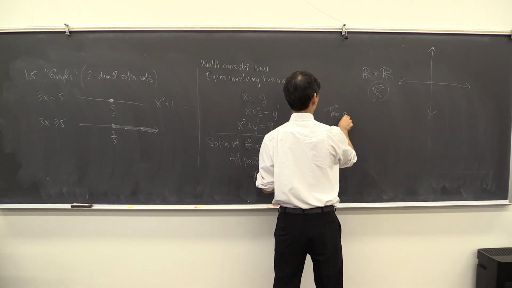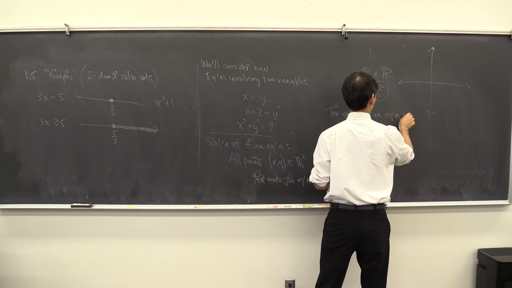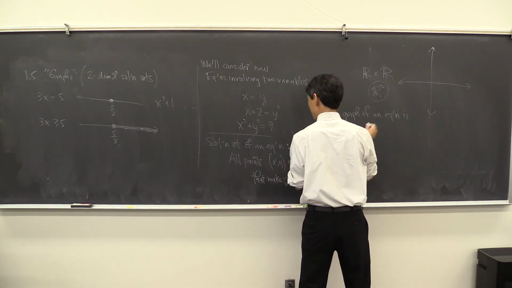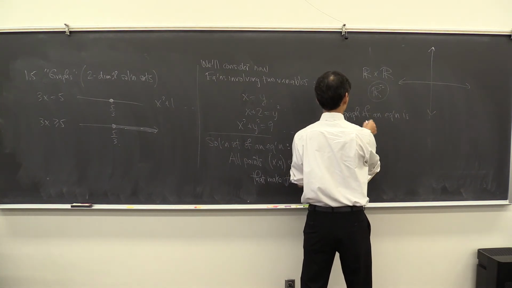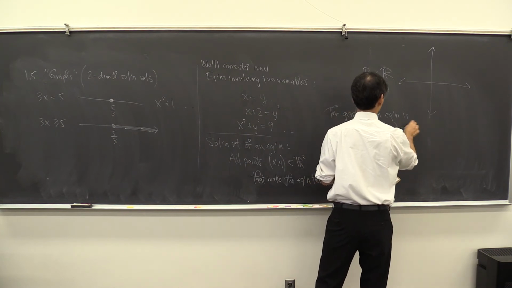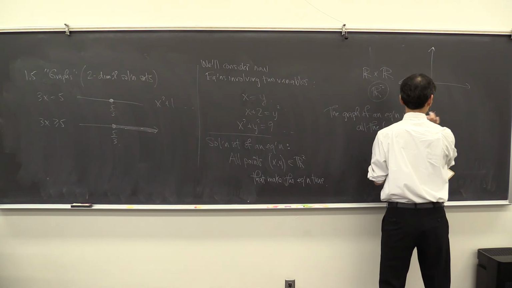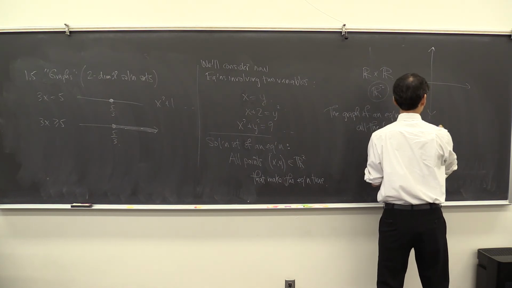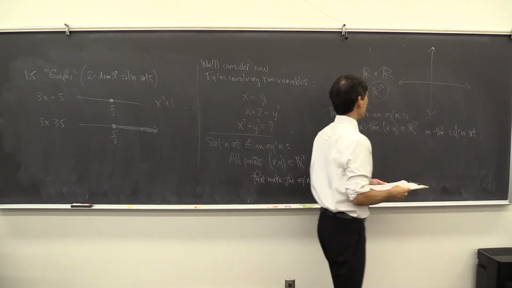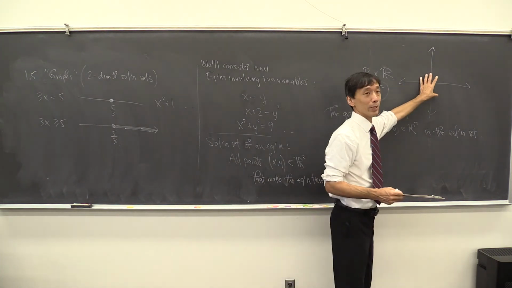The graph of an equation is just that collection of points. It's the same thing as the solution set, all the x, y in R2 that are in the solution set. It's just represented on a graph.